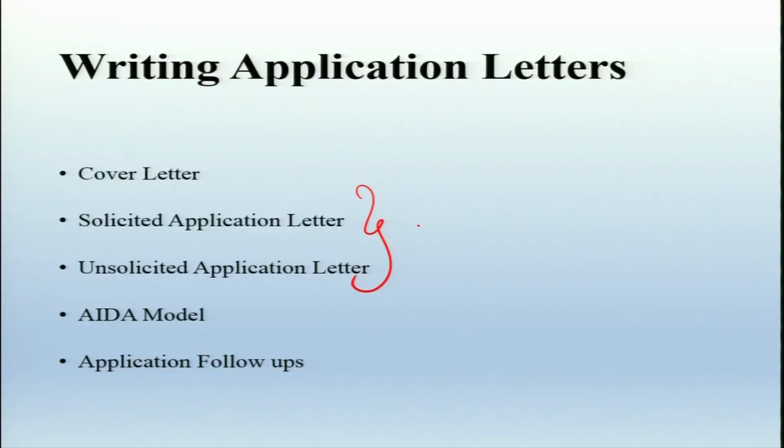This is just the difference between the solicited and unsolicited application letters. Now, see, when we prepare the letters, whether a solicited one or the unsolicited one, the difference lies just in the starting point.